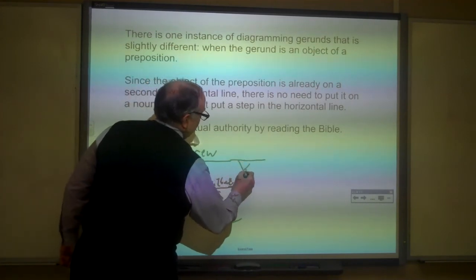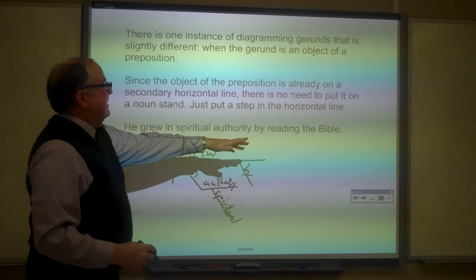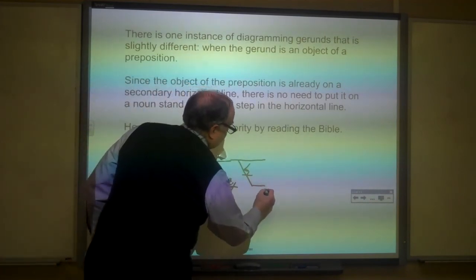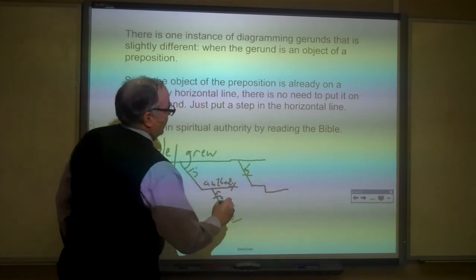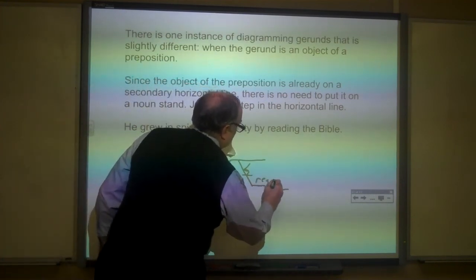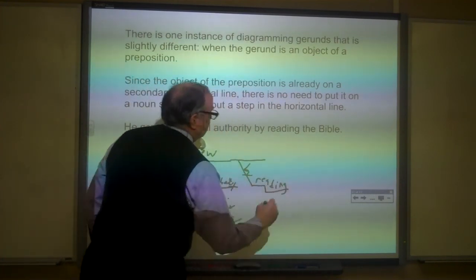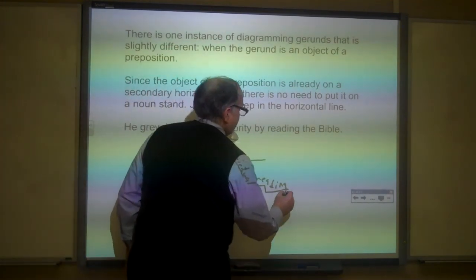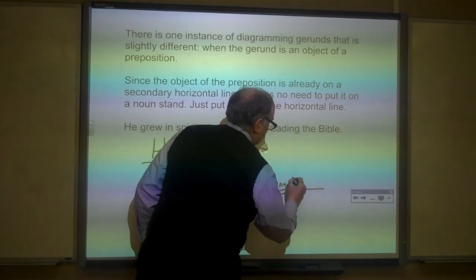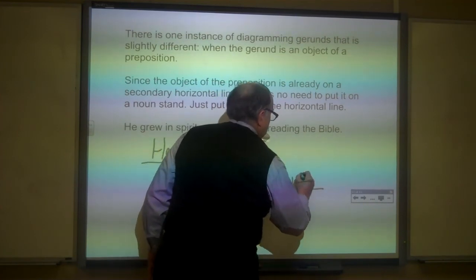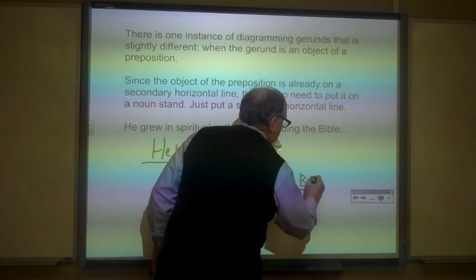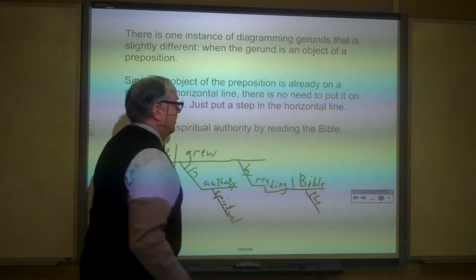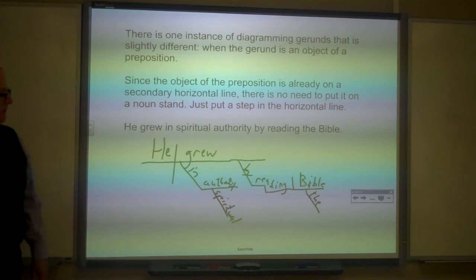So you have by, but reading the Bible is a gerund phrase, so the horizontal has a step in it, like that. And so then we put reading on the step, and that tells us that the object of the preposition is a gerund. And in this case, it has the DOG, the direct object of the gerund, Bible, and the modifying Bible.